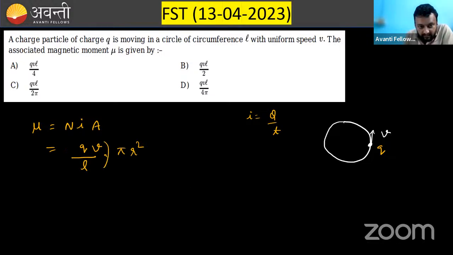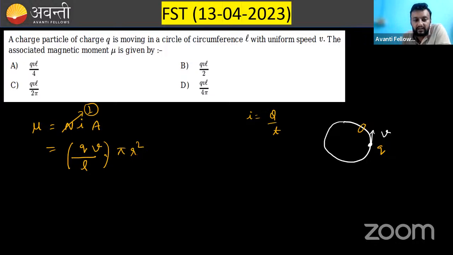Is this point clear? I have taken N as one revolution. In one revolution, the charge transferred through any one cross section is Q, divided by the time to complete one revolution, which is distance over speed. Distance is L, speed is V, into pi r square.